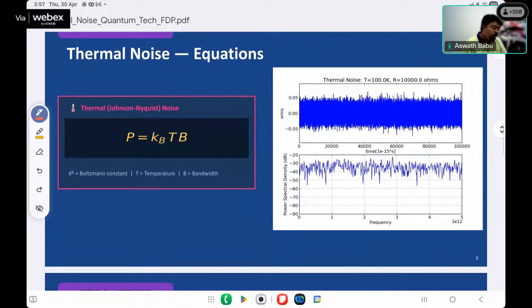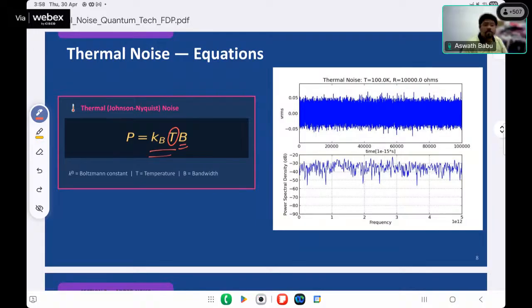For example, if the temperature of the system is T_A, it is emitting a signal with a bandwidth B_A. So what is the power of that signal? It is simply the Boltzmann constant multiplied by the temperature of the system and the bandwidth in which it is emitting. So that is the power of the system.